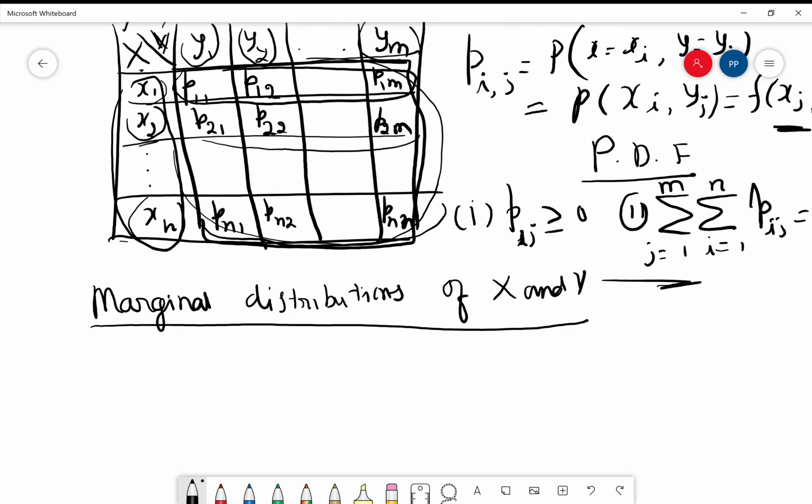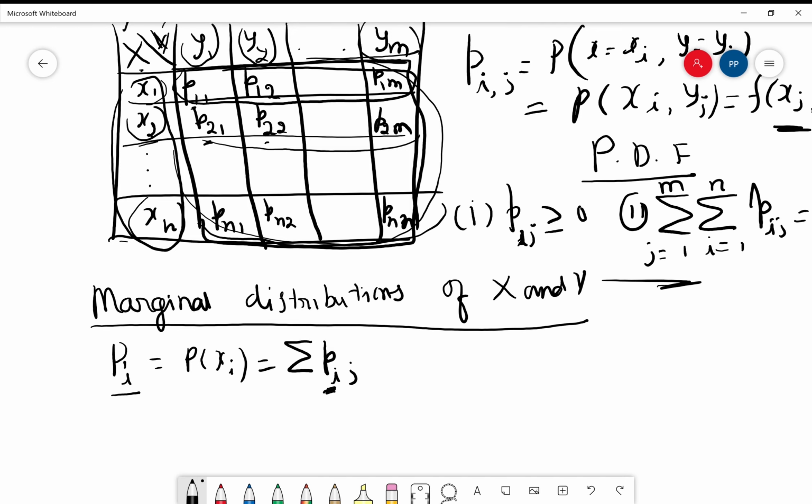So in general, define capital Pi, or you can use some other notation for that, P of xi as summation of Pij, where i is fixed. For P of x1, i is 1. For P of x2, i is 2.